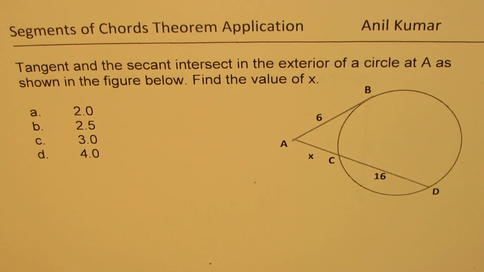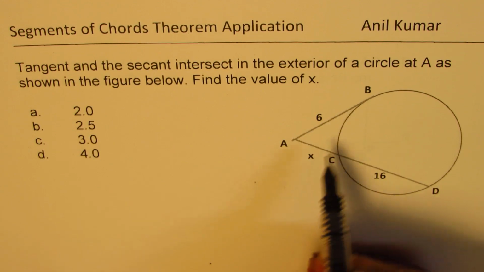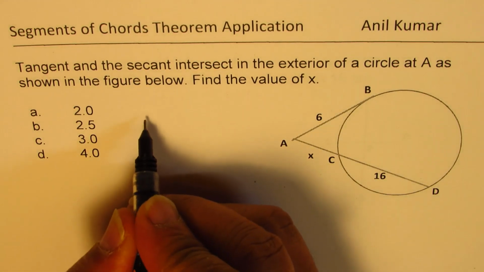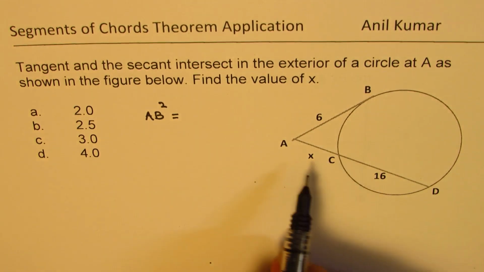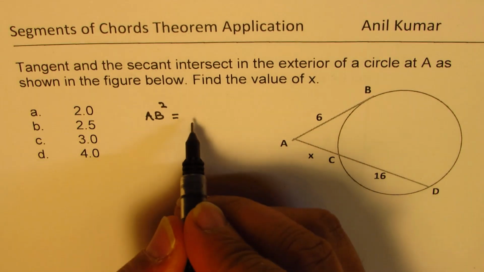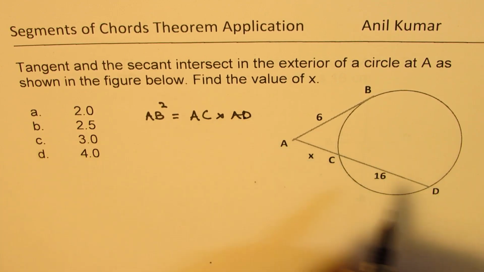Now here you have to apply the relation between the secant segments and the tangent, right? So basically the relation is that AB square should be equal to AC times AD, right? So that is the relation.